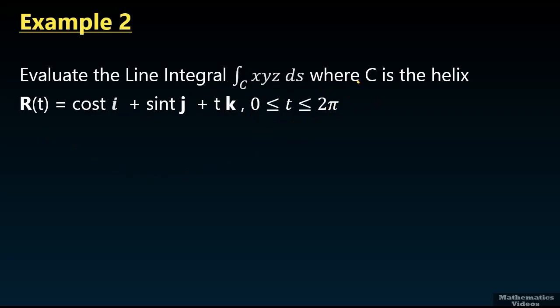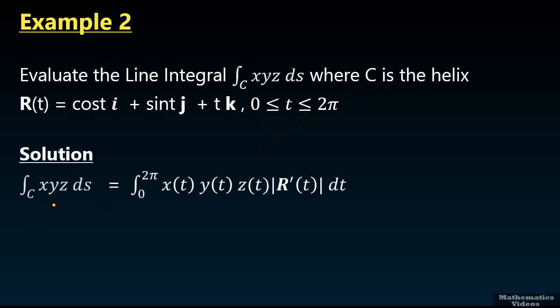Now we are already given the parametric representation of the given curve. So it means that the line integral is just equal to this. First we have to write this function, which is f of x, y and z, in terms of t.